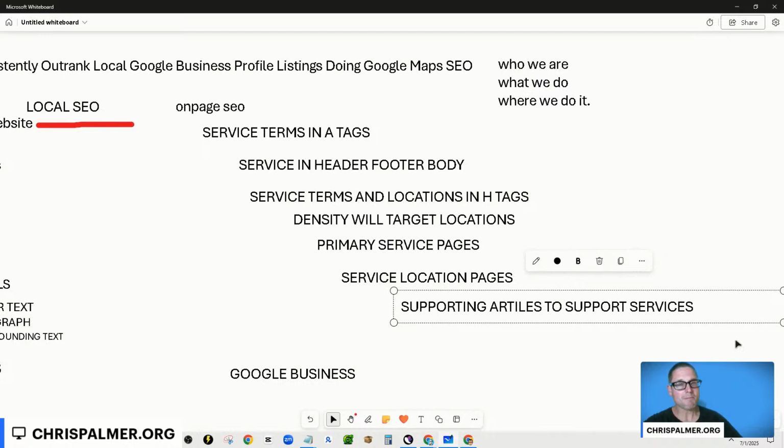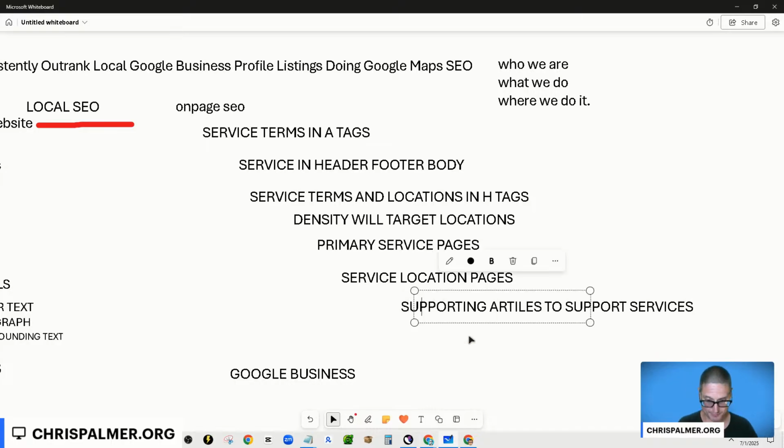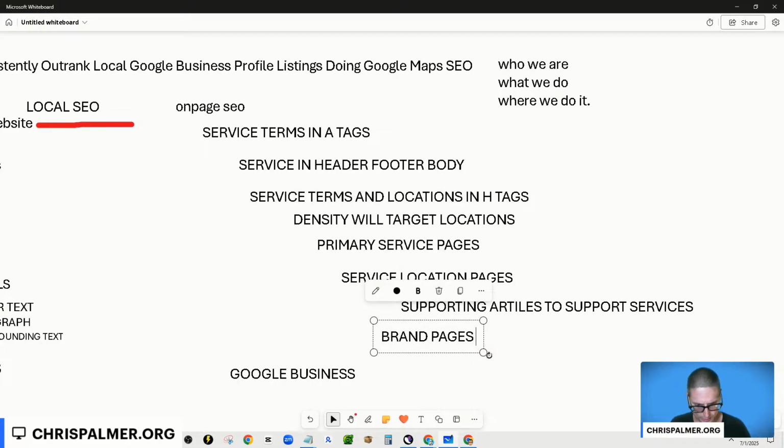So when you look at your sitemap, the majority of your pages are talking about service location, or we're just creating pages to support those services other than your filler and or brand pages. But of course, you're going to have your brand pages. What's a brand page? Well, great question. Brand pages would include what?